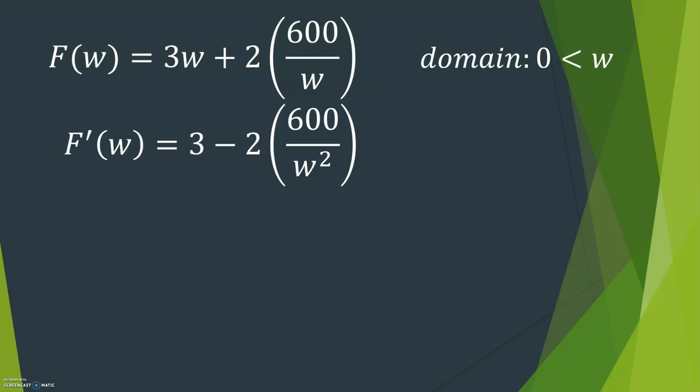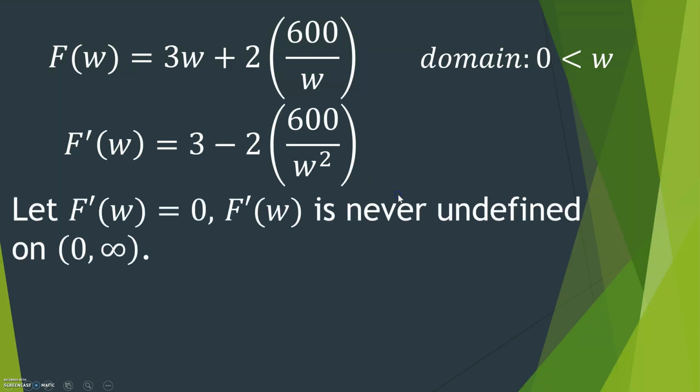The first derivative of f with respect to w: the derivative of 3w turns into 3. I'm going to ignore this 2 and this 600 like constant multipliers. The derivative of w to the negative first power is negative w to the negative second power. So now, the only place f prime can change signs is at critical values. That's where f prime is equal to 0.